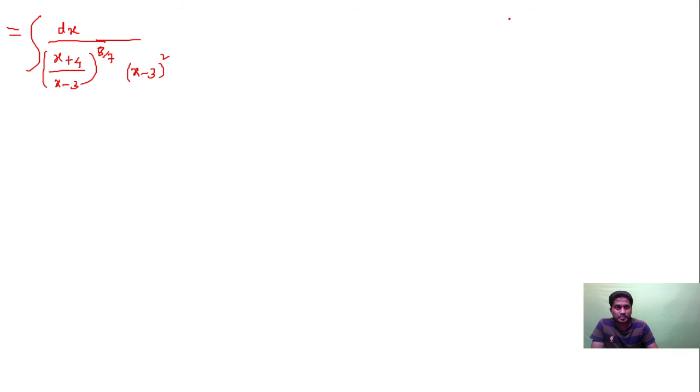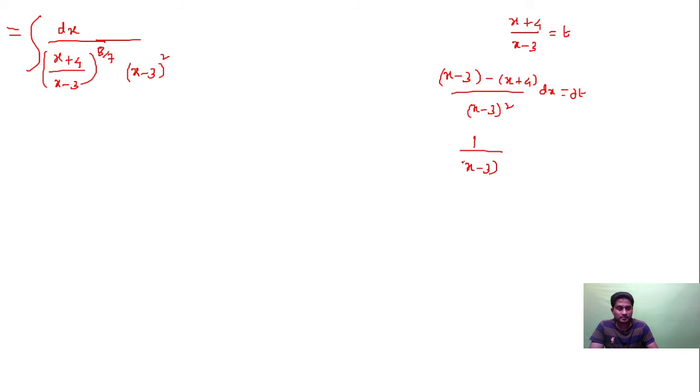Now I am going to put (x plus 4) upon (x minus 3) equal to t. So I get denominator times differentiation of numerator minus numerator times differentiation of denominator, upon denominator the whole square, that is (x minus 3) the whole square, dx equal to dt. If you open the bracket you get minus 7. So 1 upon (x minus 3) the whole square dx is equal to minus dt by 7.